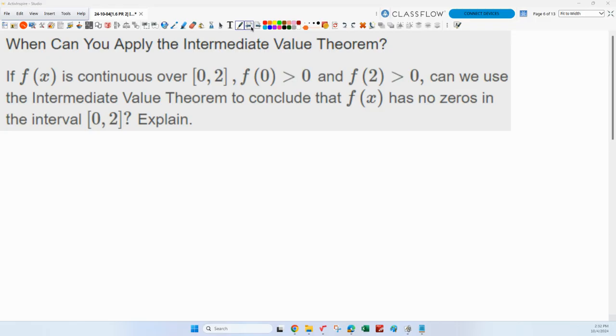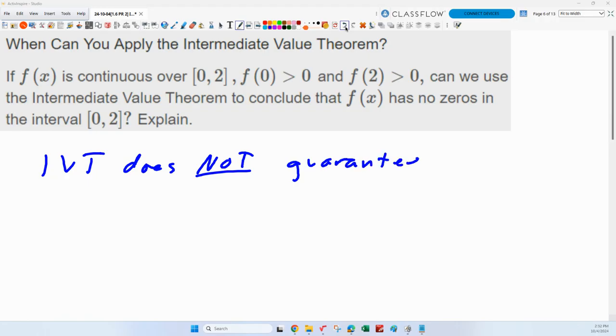So the theorem does not guarantee a 0. An interior 0. You get what I mean by an interior 0?